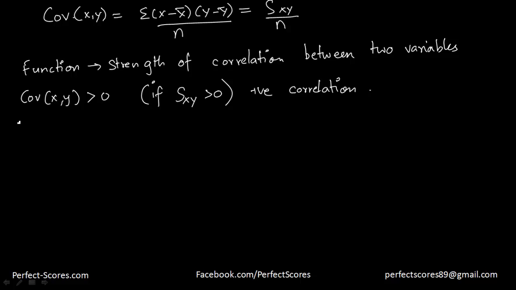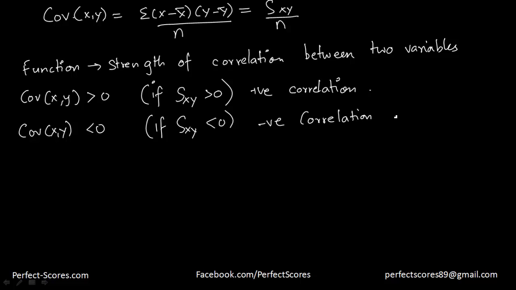Similarly, if covariance of x and y is less than 0, that is only possible if s of xy is less than 0. That means you have a negative correlation between the two variables. That means if x increases, y is going to decrease, and if x decreases, y is going to increase. Here, if x increases, y is going to increase, and if x decreases, y is going to decrease.